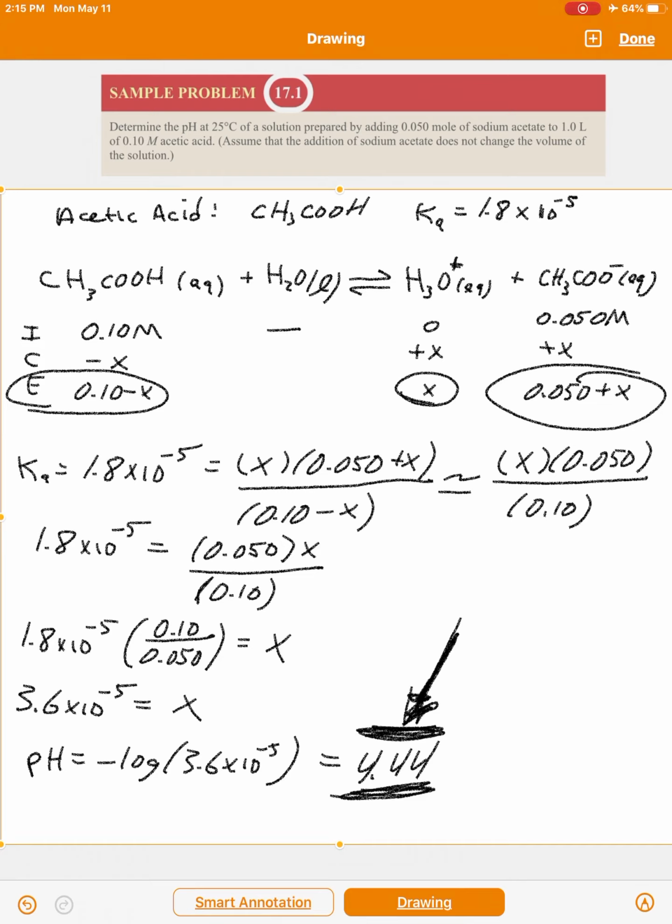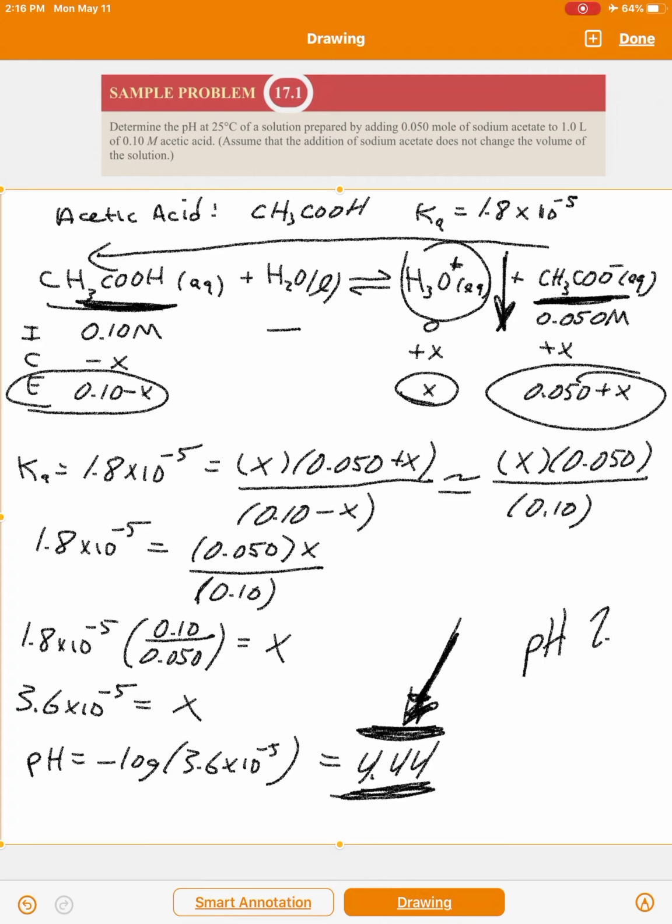The common ion effect says that if you add the conjugate base to the weak acid, it will have the effect of pushing the equilibrium back, Le Chatelier's principle, back toward the reactant side, which will have the effect of reducing the amount of hydronium that goes down, so the pH will go up. And in this case, it went from 2.87 to 4.44. A very important result of Le Chatelier's principle. Common ion effect for a weak acid problem.